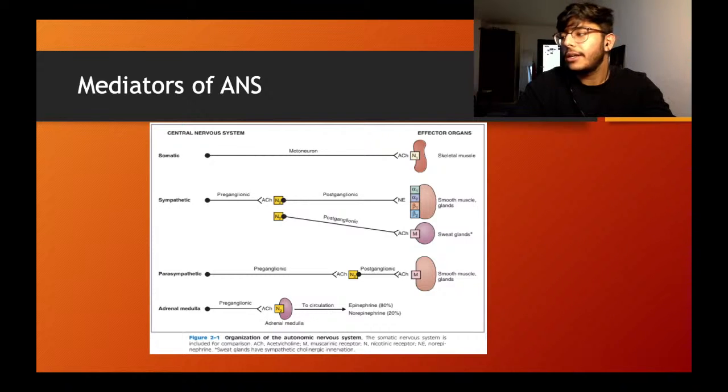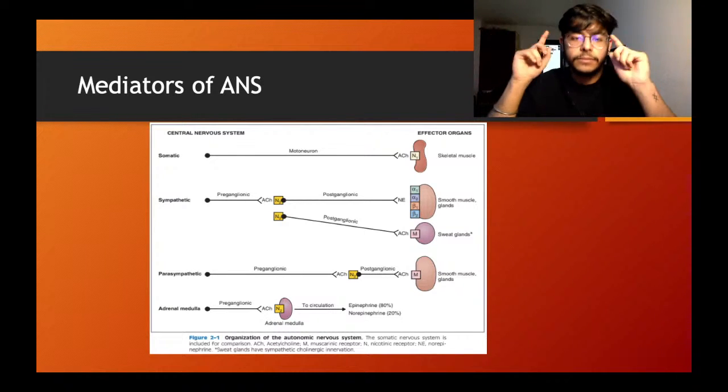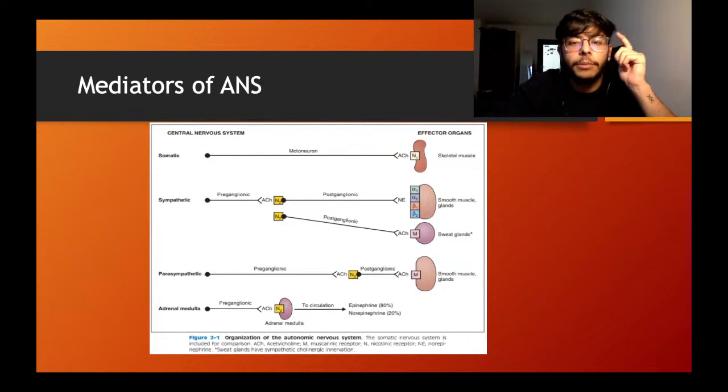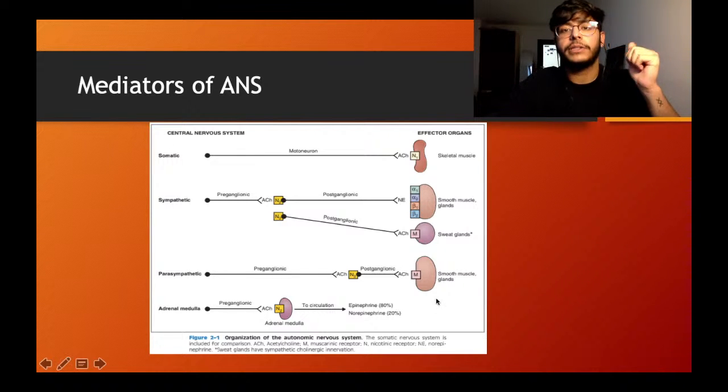I think even Professor Babula, and a good few professors, asked this question, and if you're able to say that there is one exception where acetylcholine is a postganglionic sympathetic neuromodulator, say it. Sweat glands, remember that. So yeah, the nicotinic receptors, cover that, and muscarinic receptors for the parasympathetic system.